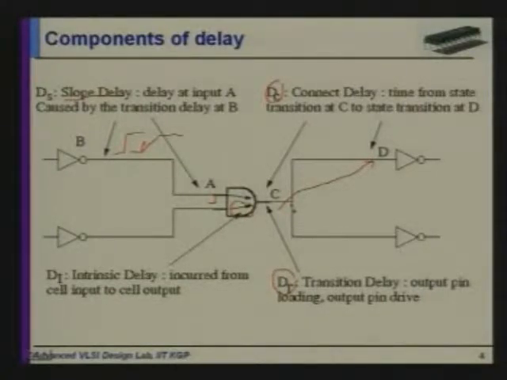In static timing analysis, often the slope delay can be assumed a fixed value and replaced here by a fixed delay sized buffer. So for algorithmic purposes, I can assume there is a buffer of that amount of delay. Similarly, the others can also be considered.